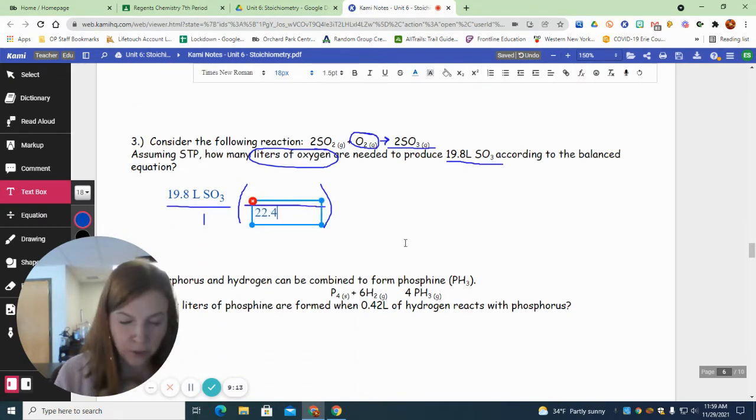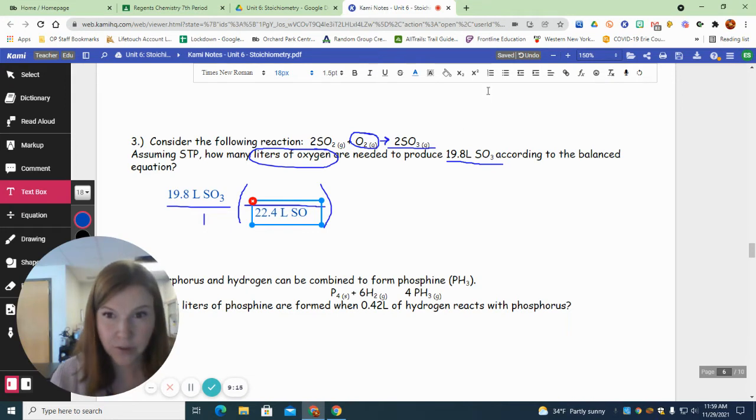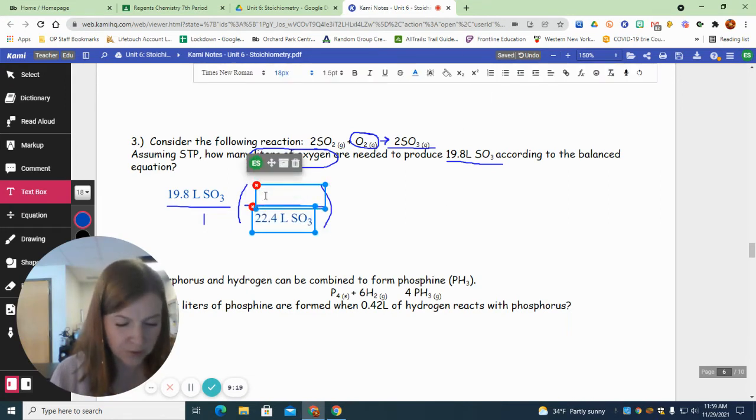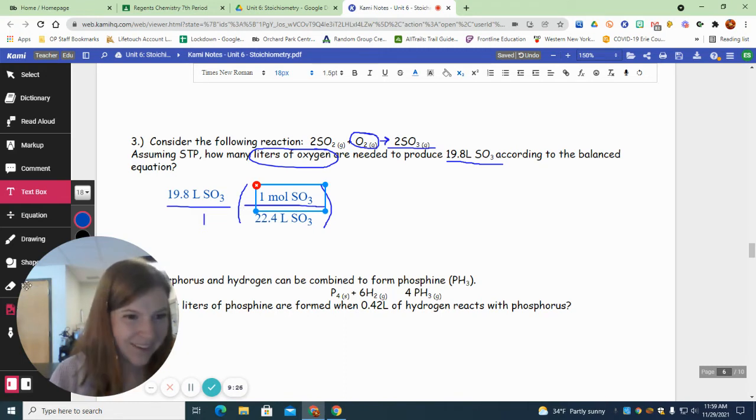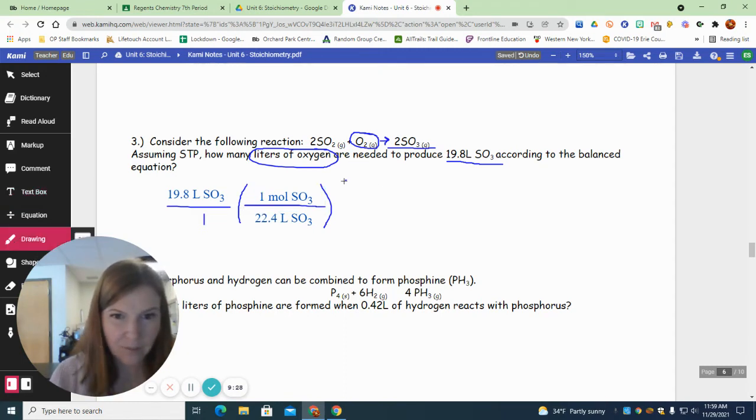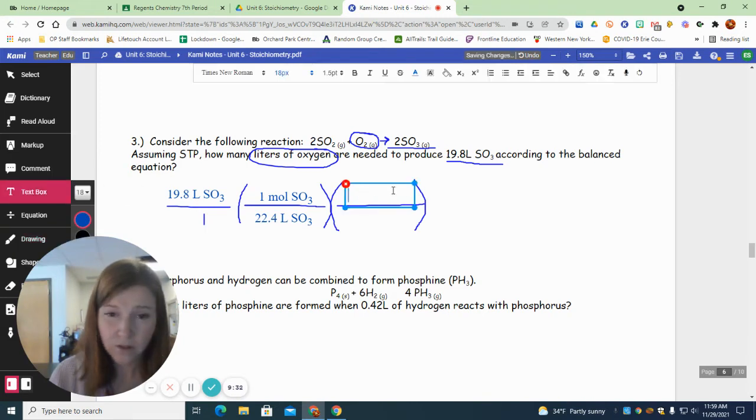So I know 22.4 liters of SO3 is equivalent to 1 mole SO3. I know then, based on the mole ratio, you always put moles of what you want over moles of what you're given.